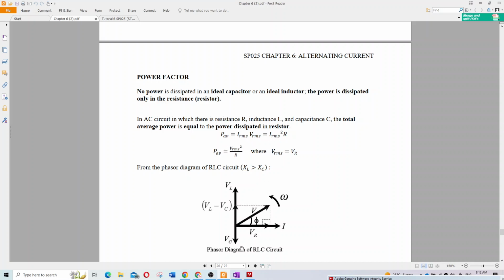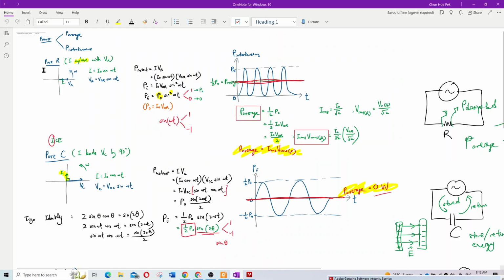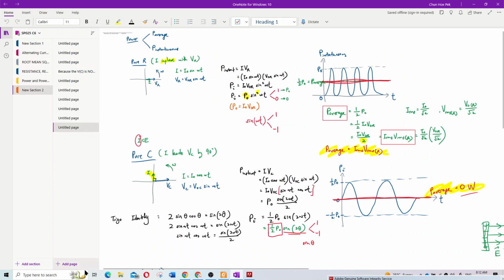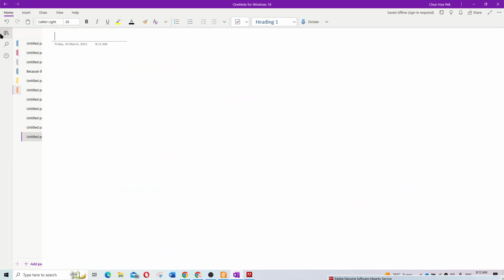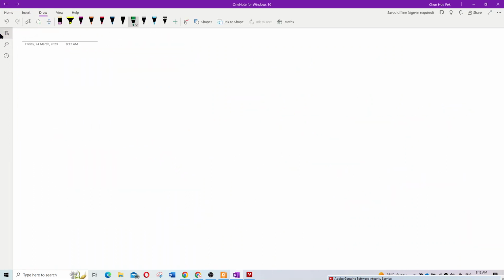Let me just explain in OneNote. Today we're going to learn about the power factor. Before we talk about power factor, we already learned about pure resistor, pure inductor, and pure capacitor. Now let's say you have an RCL circuit, which means the circuit has all the components.